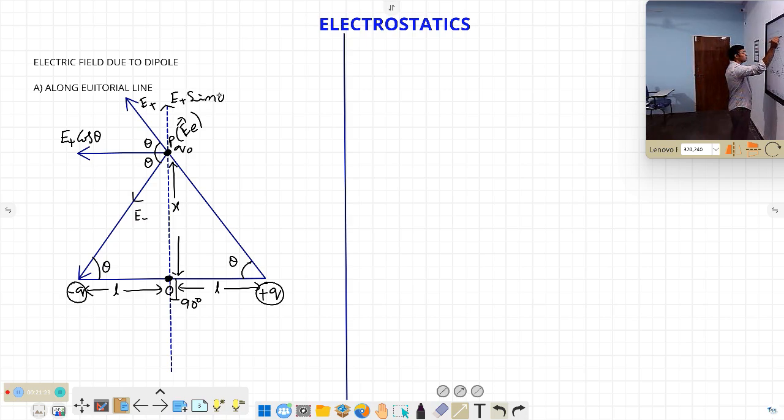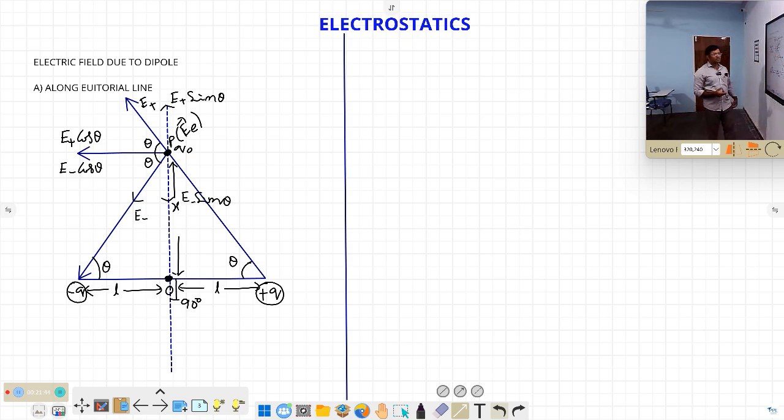Similarly, E minus also makes an angle theta with the resultant line, so I can write E minus cos theta, and the second component, vertically downwards, is E minus sin theta.